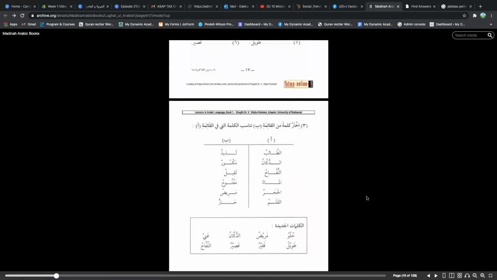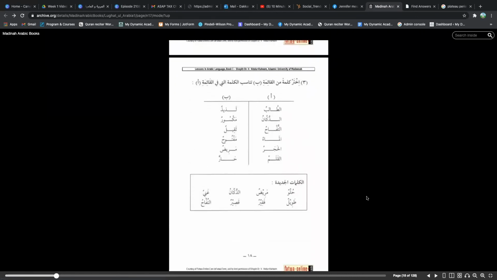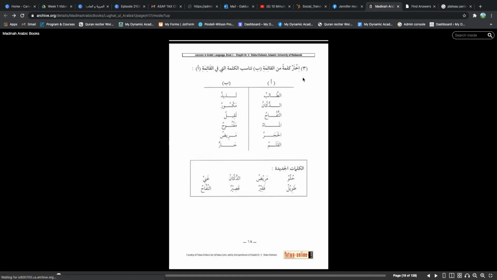Keep it rolling. Okay, اختر كلمة من القائمة باء تناسب الكلمة التي في القائمة ألف. So اختر is also a فعل الأمر, the command form of the verb, and means choose.